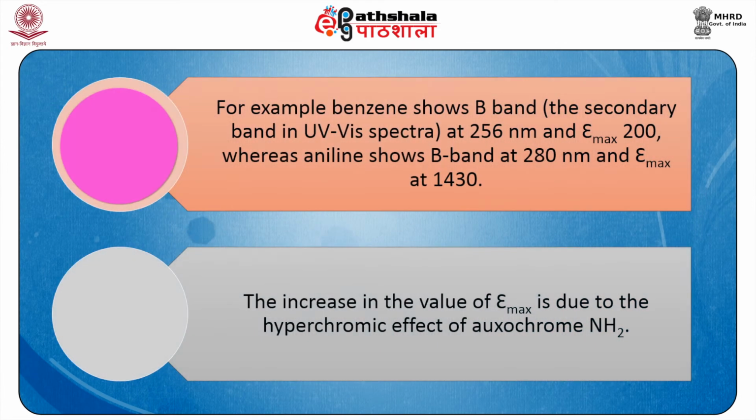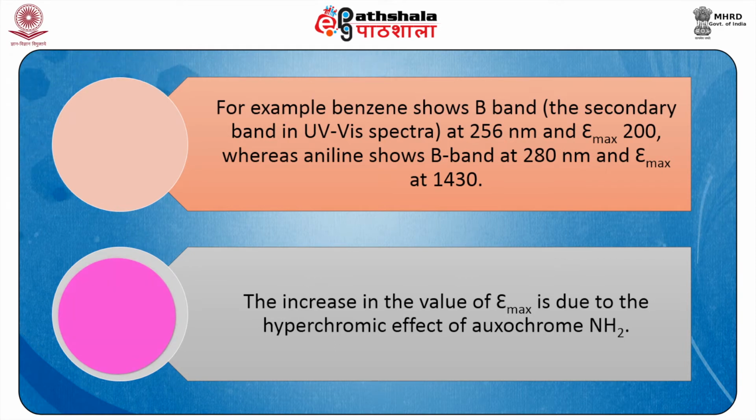For example, consider benzene, which shows the B band, the secondary band in UV visible spectra, at 256 nanometer, as has been mentioned earlier, with an Emax value of 200, whereas aniline shows the B band at 280 nanometer with the Emax at 1430. Thus, you can notice the increase in Emax, students, due to the hyperchromic effect of auxochrome NH2 introduced in benzene.